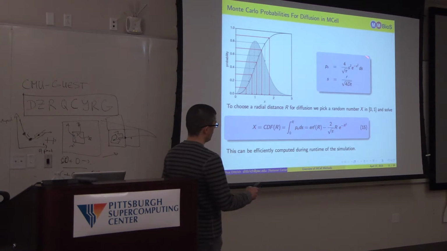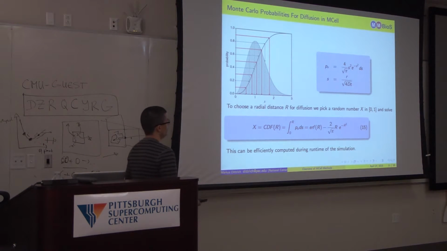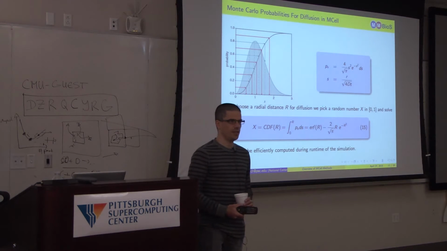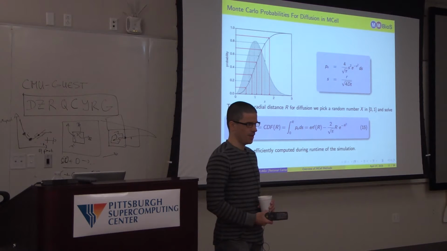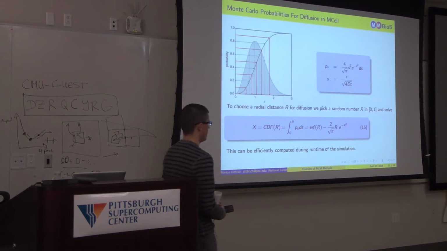You use this probability, take the cumulative distribution function, which goes from 0 to 1. Then the only task is to pick a random number between 0 and 1, and you can more or less read off using this equation how far you should go. So this is how you propagate particles so they sample this Brownian, this Einstein diffusion equation.